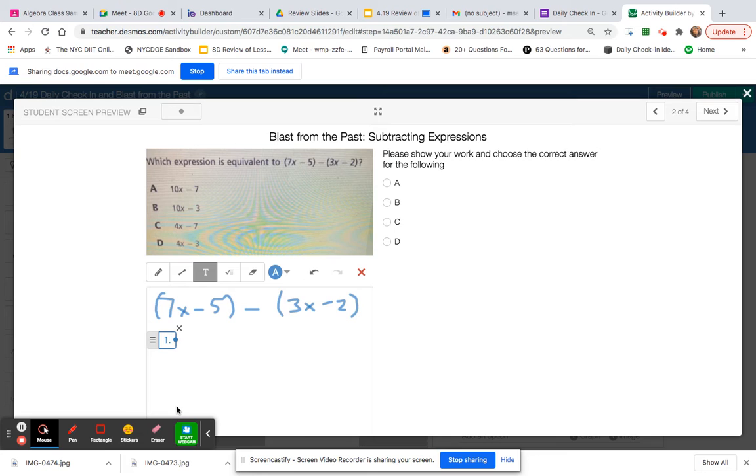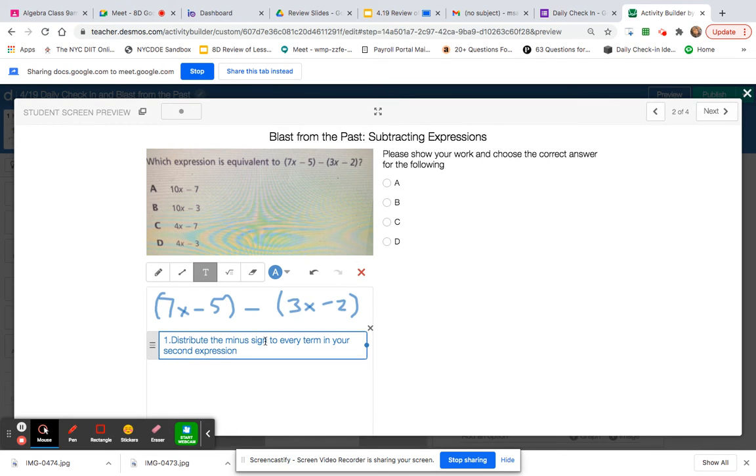When you're subtracting, you have to distribute the minus sign to every term in your second expression.